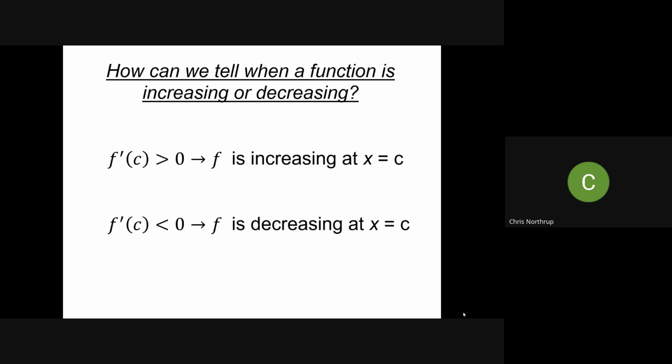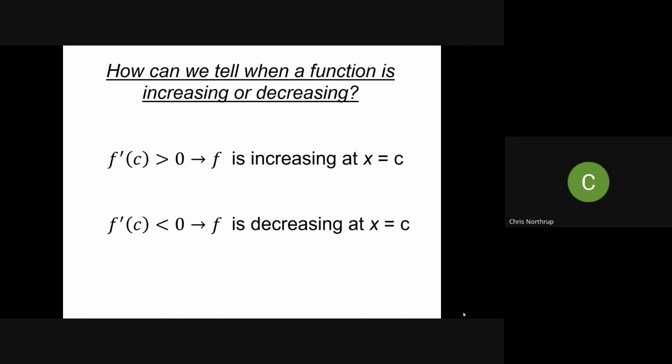Now, we're not going to be able to check every single point in the domain of our function or the domain of the derivative, but we can always make a comparison with the number 0. If I have a real number, which is a value of a function, then I can compare it as being equal to 0, bigger than 0, or less than 0.